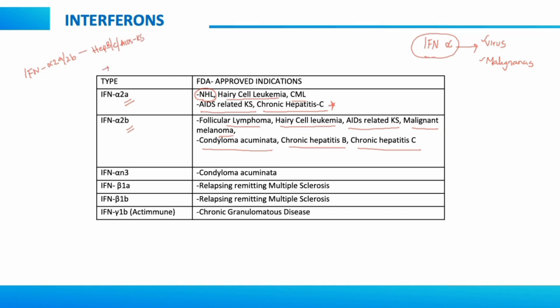And in the malignancies, try to remember NHL, follicular lymphoma, and hairy cell leukemia.